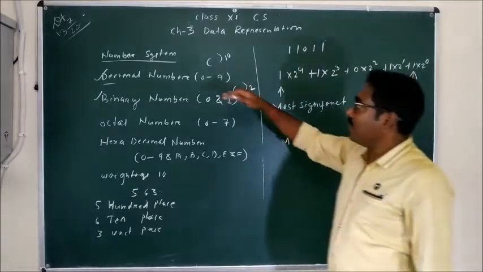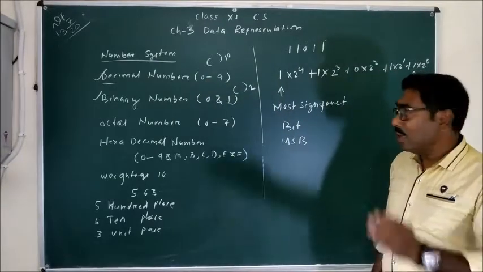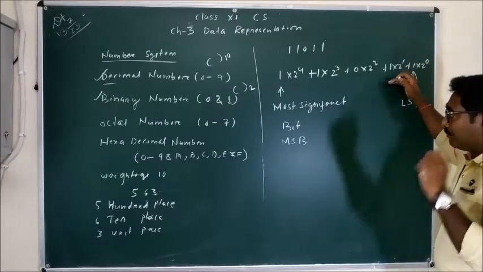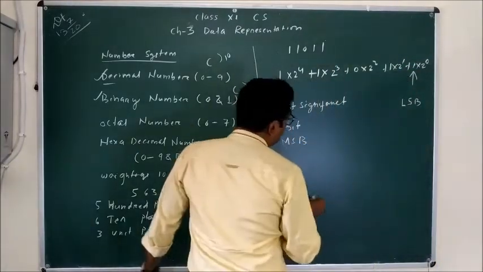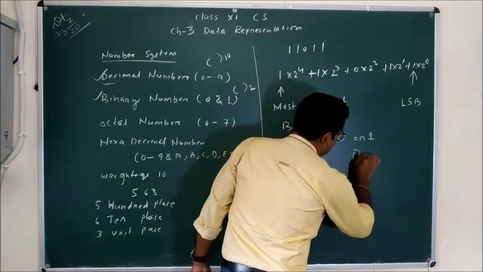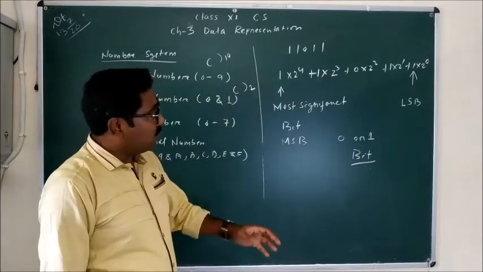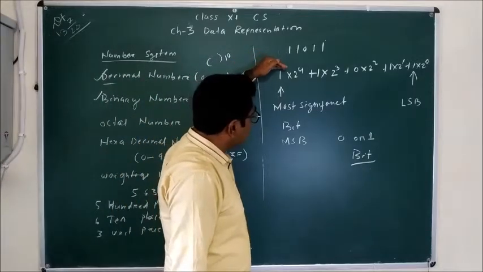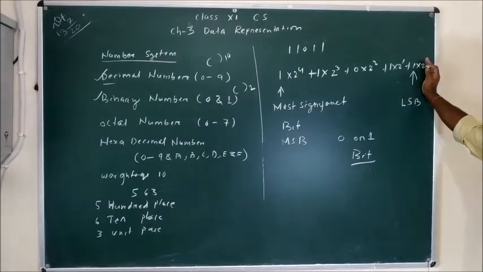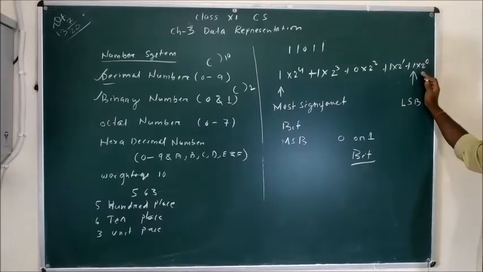In case of a decimal number, it is known as MSD, LSD, that is most significant digit, and in case of binary this is known as most significant bit, because each 0 or 1 is known as a bit. Either a 0 or a 1 is known as a bit. That's why this is known as the most significant bit or the least significant bit.